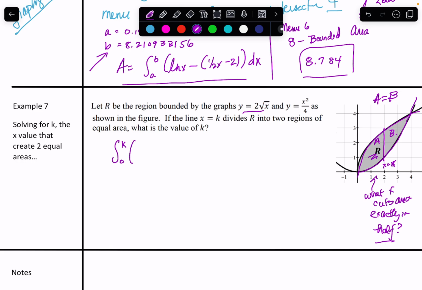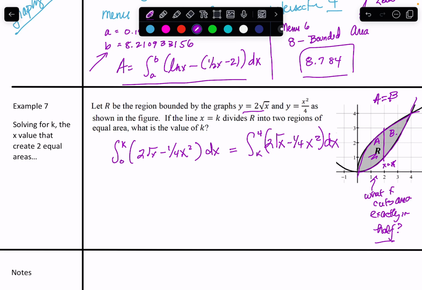So that would be the integral of 2 square root of x minus 1/4 x squared dx, and that is equal to the integral from k to 4 of 2 square root of x minus 1/4 x squared dx.